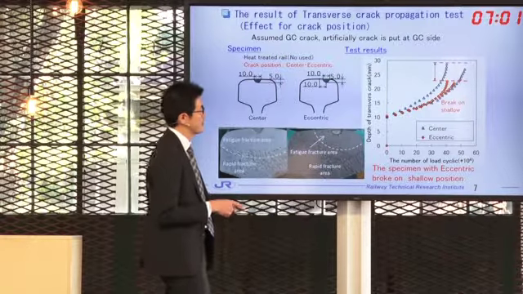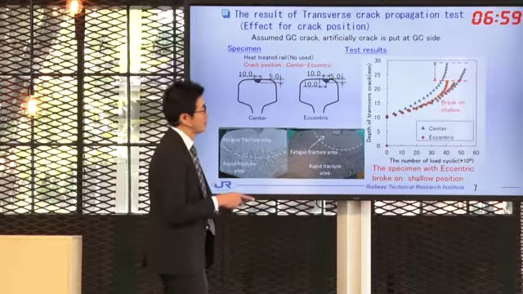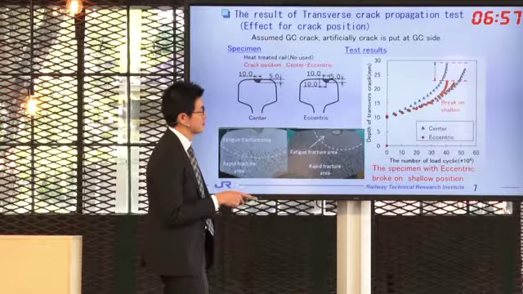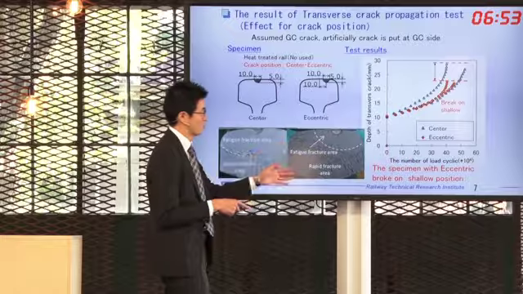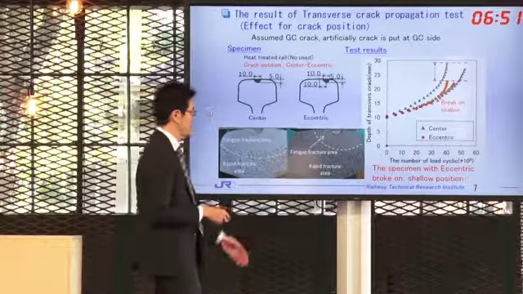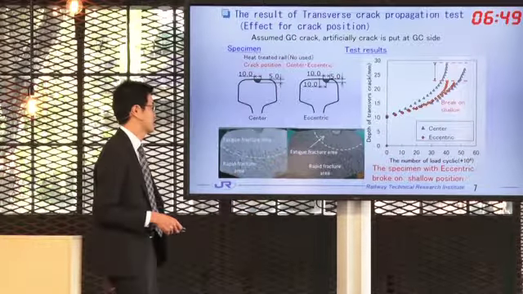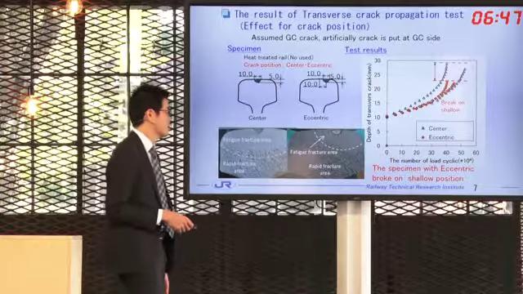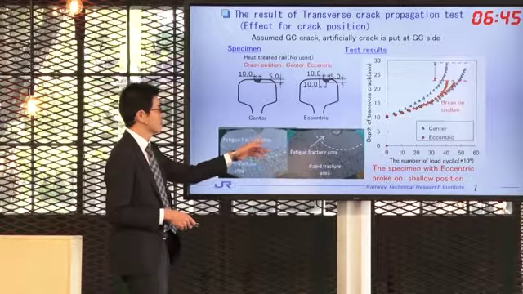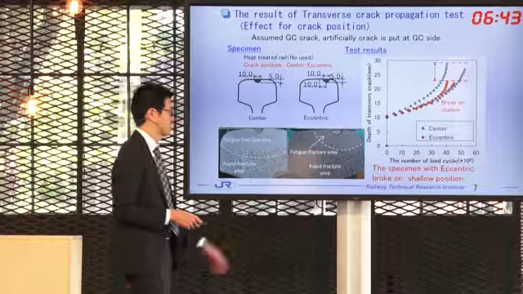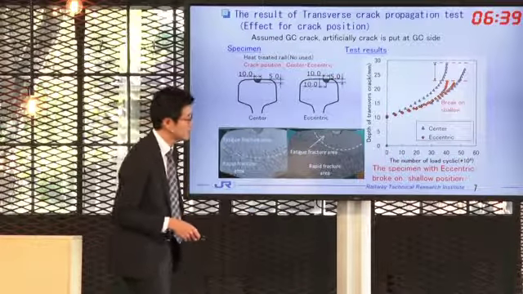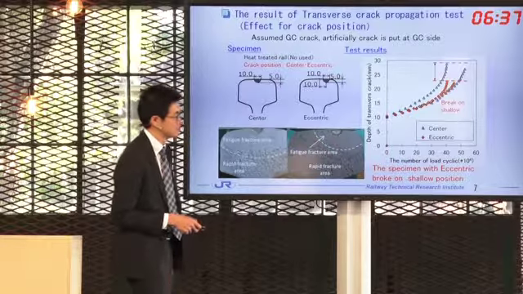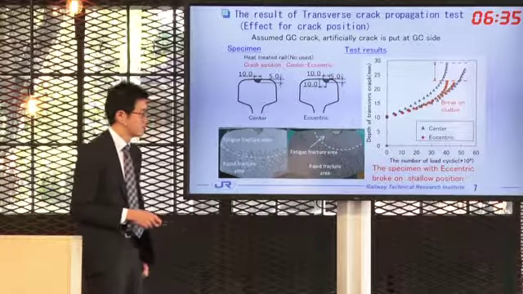This figure means that with the eccentric crack, the break occurs at a shallow position. And as you can see in the picture, the specimen with the eccentric crack breaks at a shallow position.